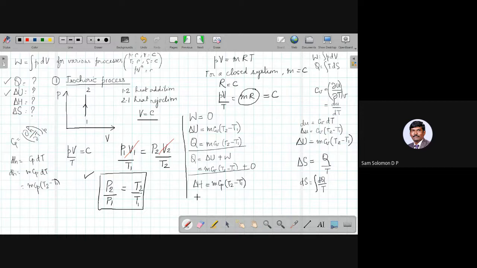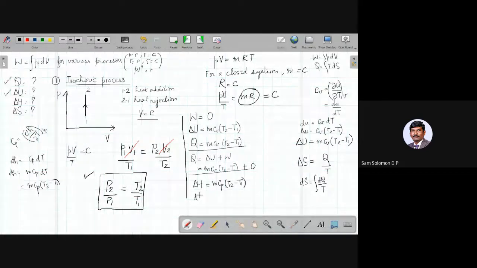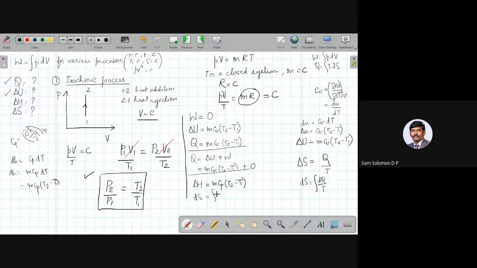So if you take the definition of ds is integral of dq by T, this dq is mCv into dT.